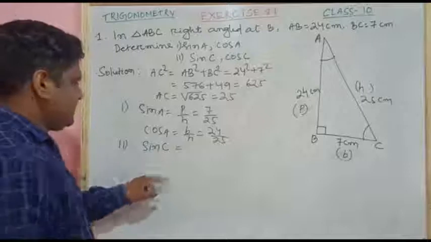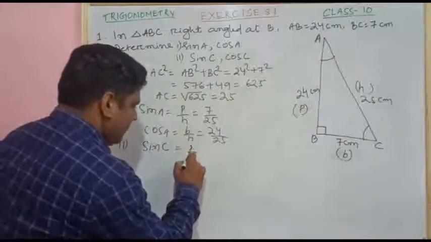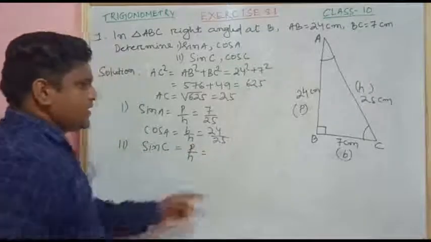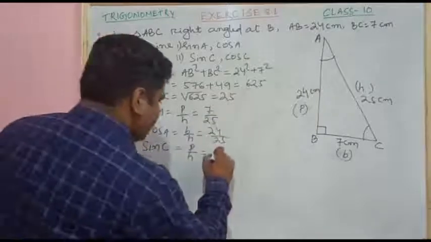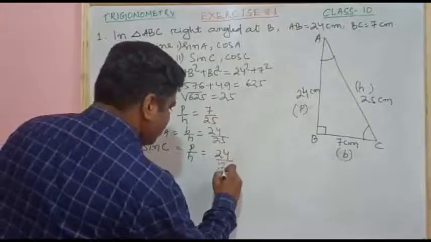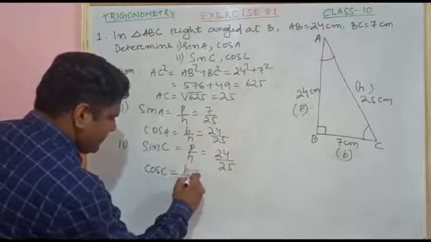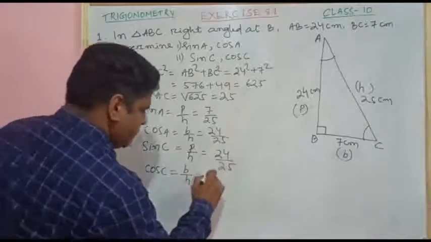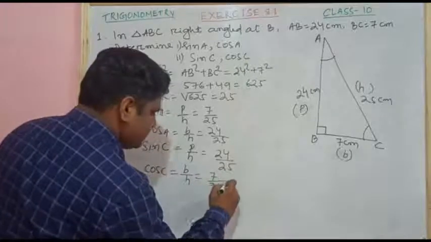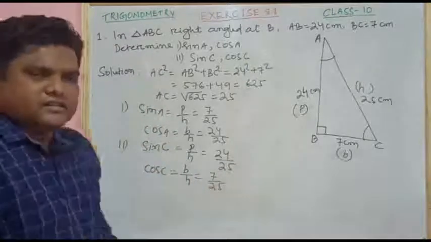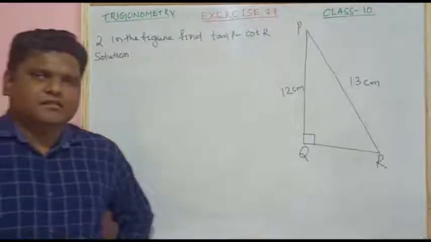So sin C is perpendicular by hypotenuse. Perpendicular is 24 and hypotenuse is 25. So it will be 24 by 25 and cos C equal to base by hypotenuse. Base is 7 and hypotenuse is 25. So we got the answer for number 1.